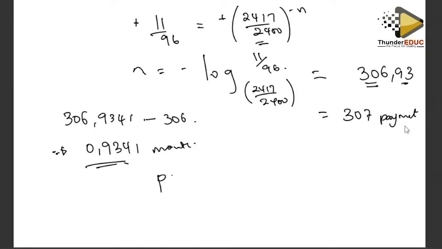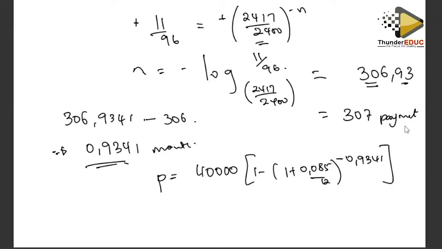So we're going to look for the present value. Meaning that I'm going to use our 40,000 into 1 minus 1 plus the 0.085 over 12, to the exponent of negative 0.9341.